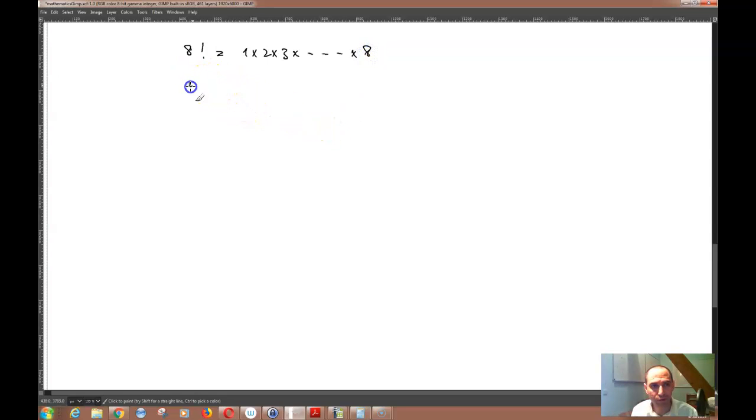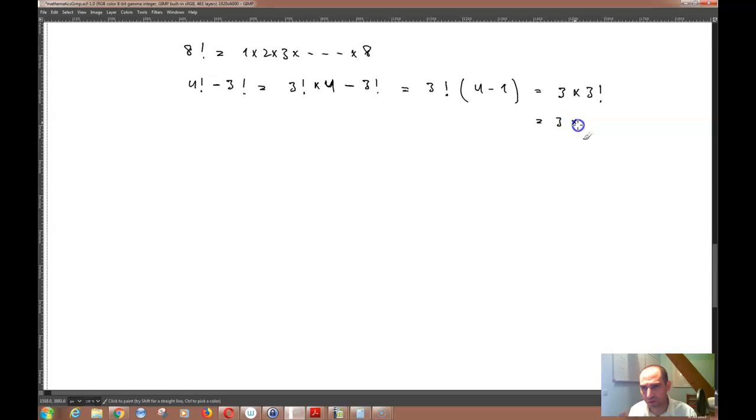Or for example, 4 factorial minus 3 factorial. You can write it as 3 factorial times 4 minus 3 factorial, which is equal to 3 factorial times 4 minus 1, which is equal to 3 times 3 factorial, which is equal to 3 times 6, which is equal to 18.